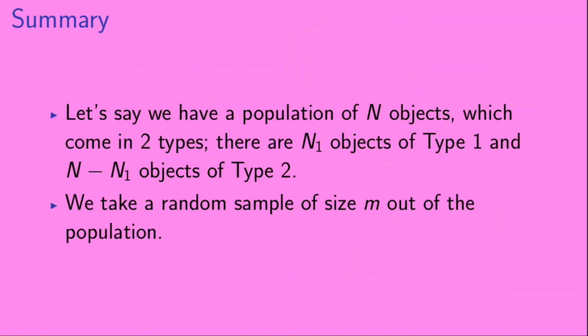Okay, let's summarize. Let's say we have a population of n objects which come in two types. There are n1 objects of type 1 and n minus n1 objects of type 2. We take a random sample of size m out of the population.